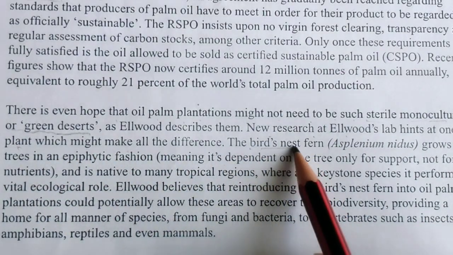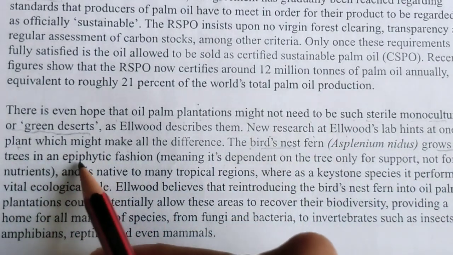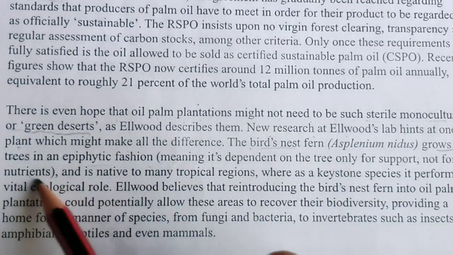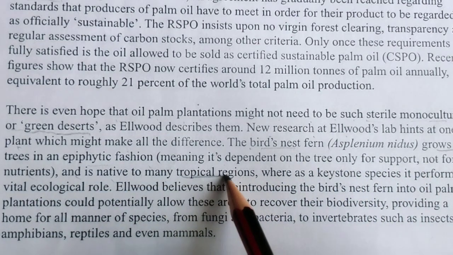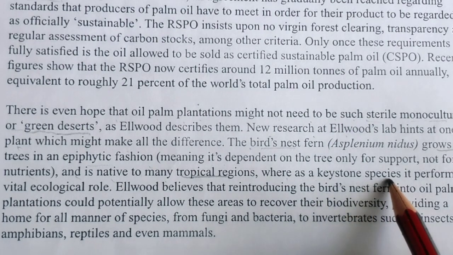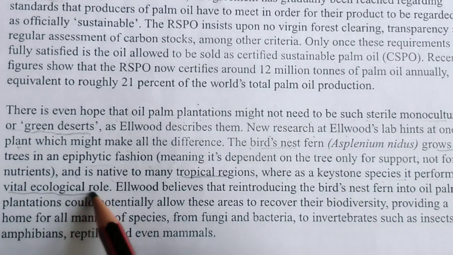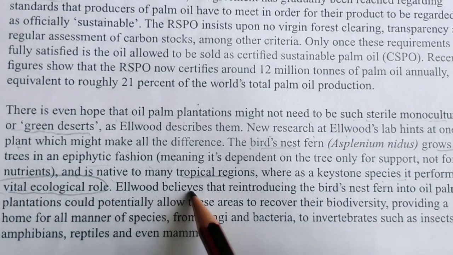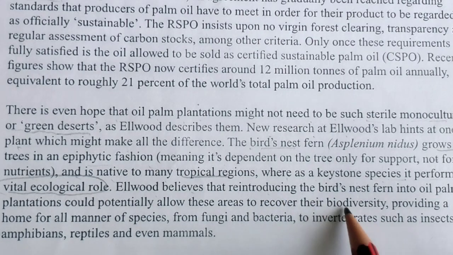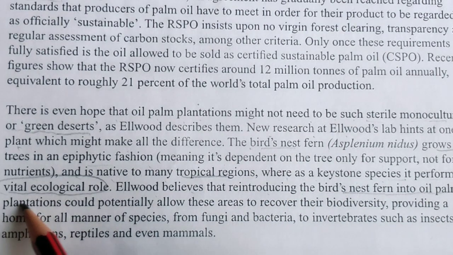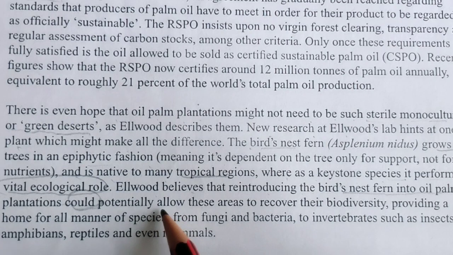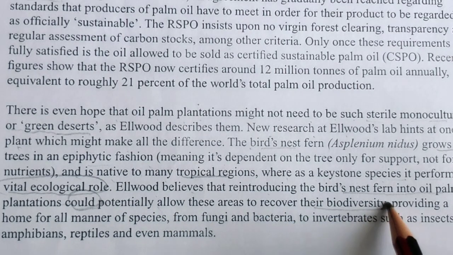The bird's nest grows on trees in this fashion for support, and is native to many tropical regions where, as a keystone species, it performs a vital ecological role. Elwood believes that reintroducing the bird's nest into oil plantations could potentially allow these areas to recover their biodiversity.